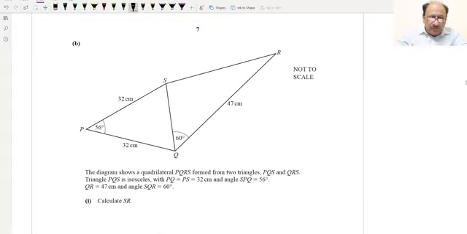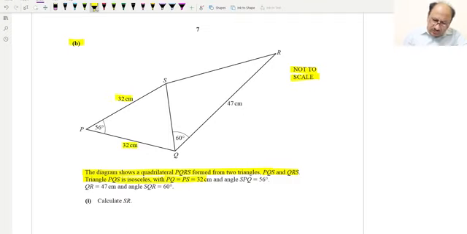Now part B, again a diagram is provided, and they're saying the diagram is not to scale. The diagram shows a quadrilateral PQRS formed from two triangles PQS and QRS. Triangle PQS is isosceles with PQ equal to PS, which is 32.